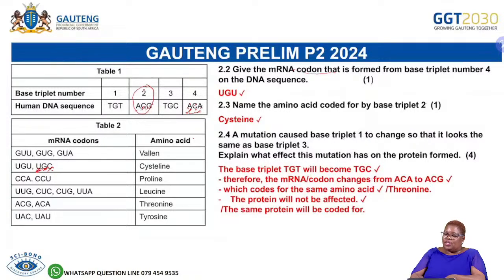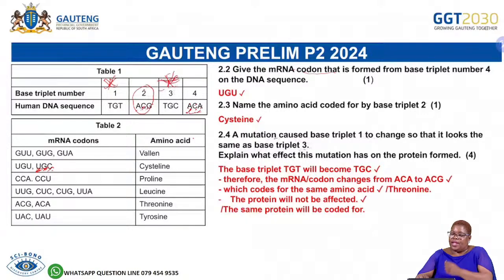Right, mutation causes base triplet 1 to change so that it looks the same as base triplet 3. A mutation causes base triplet 1 to change so that it looks the same as base triplet 3. Explain what effect this mutation has on the protein being formed.